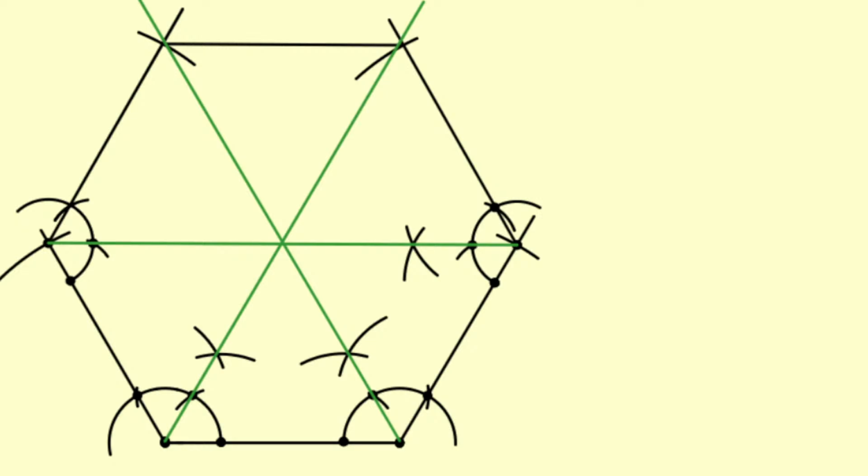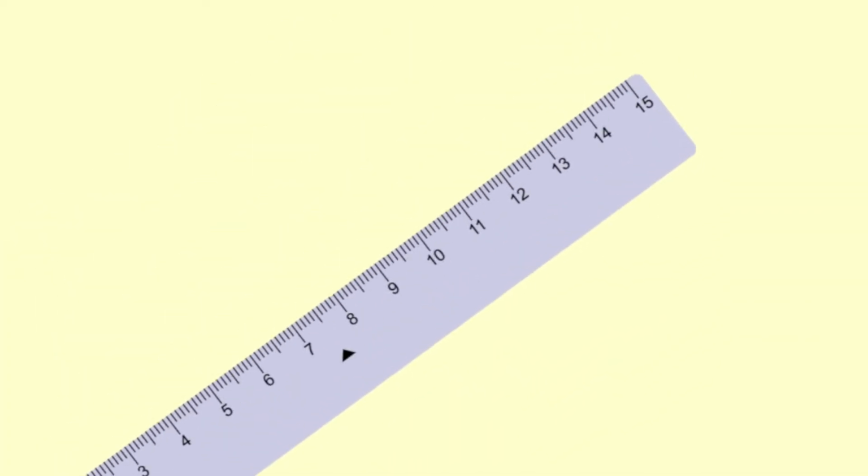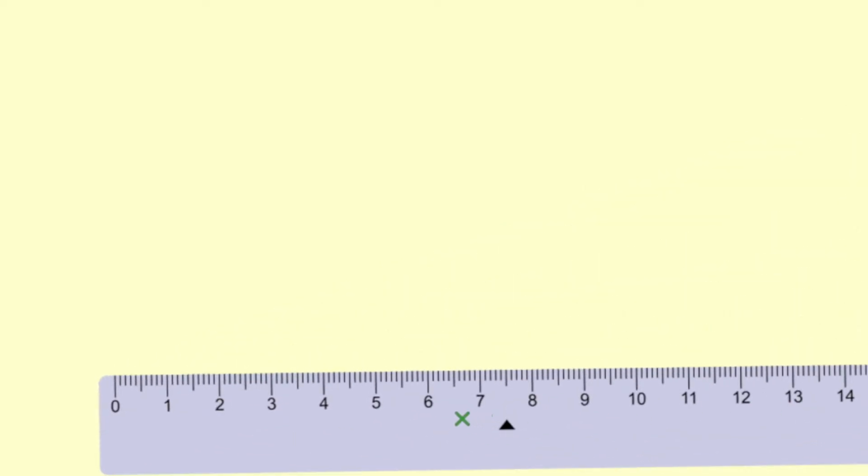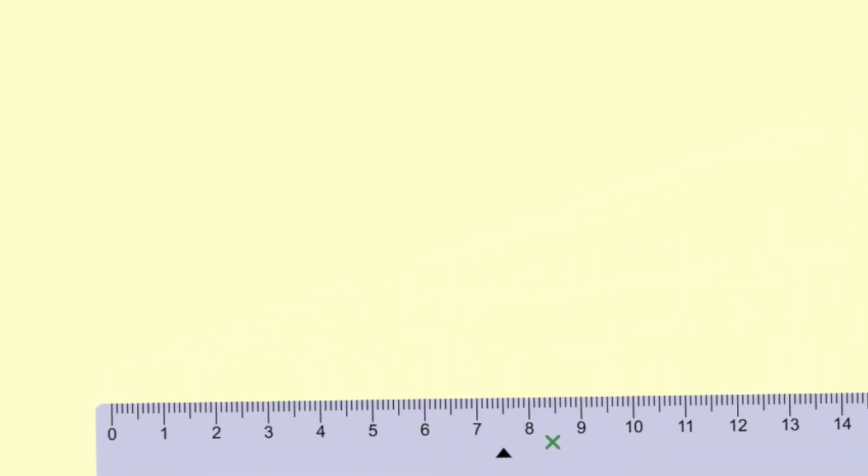Okay. I am just going to clear this. First of all, BC. Because angle B was given to us, that's why I am going to start with BC. I have to draw its measurement: BC is 5 centimeter. So one line I am going to draw which is 5 centimeter.